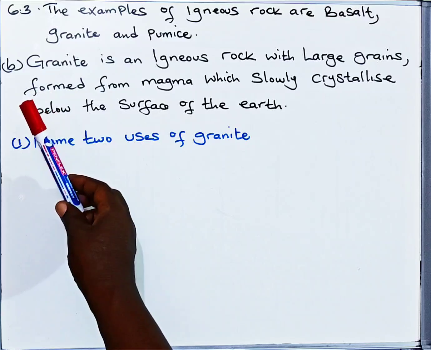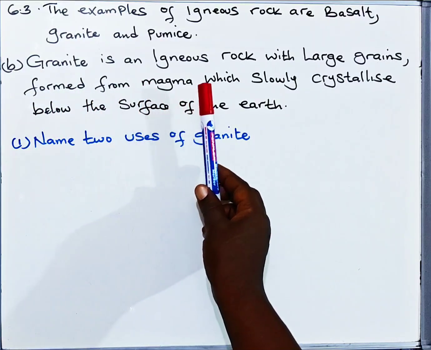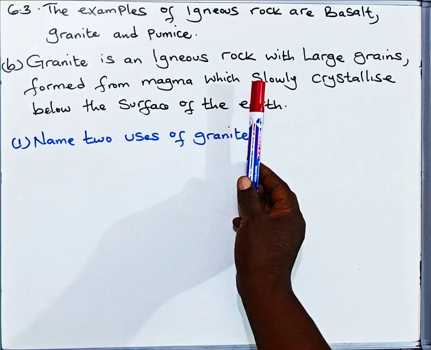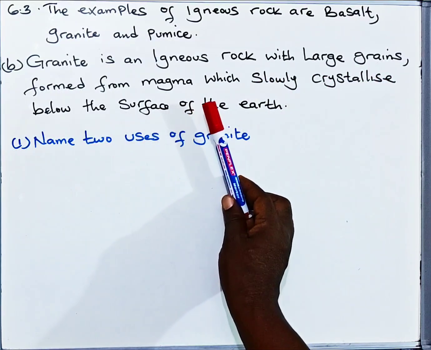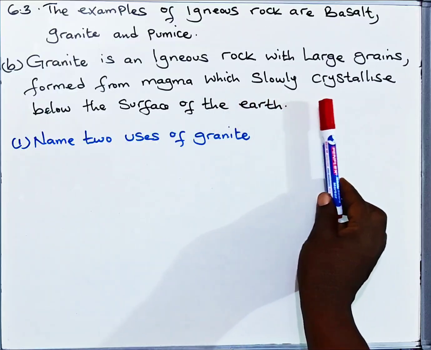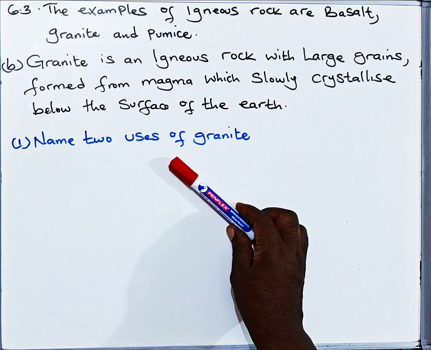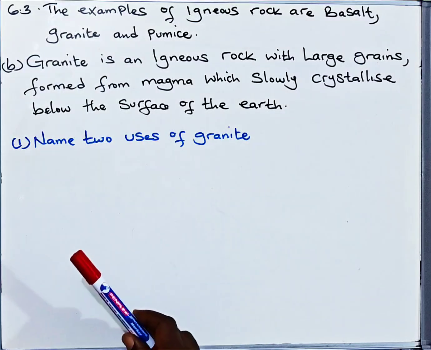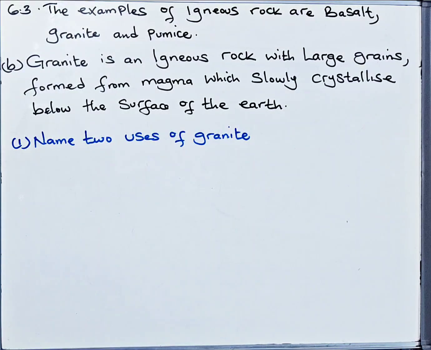Then we come to this case. It says that granite is an igneous rock with large grains, formed from magma, which slowly crystallizes below the surface of the earth. And then the question comes, name two uses of granite. Where do we use granite?